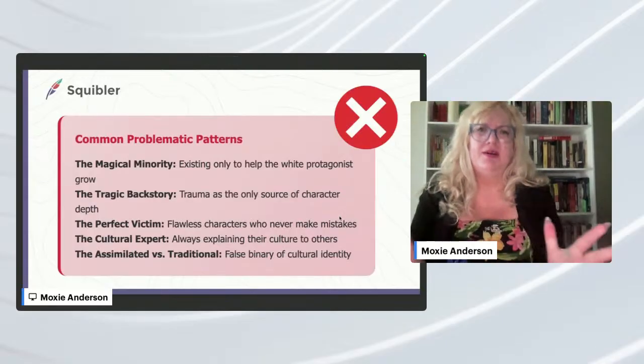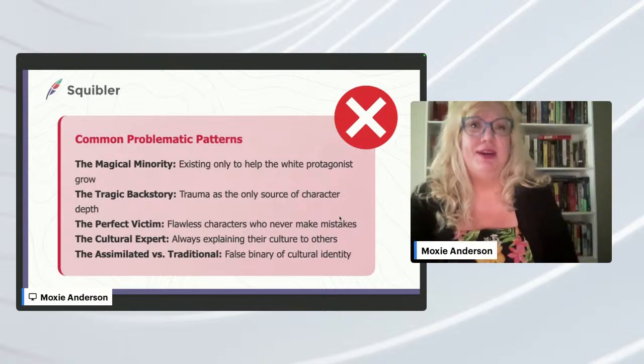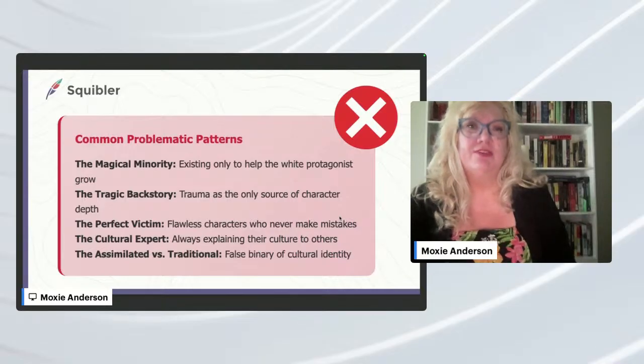So here are some common problematic patterns that you want to avoid as you're developing your characters. One is the magical minority. You shouldn't have a character that exists only to help your white protagonist grow. That's not really giving them their own story arc or fully realized characterization. You want to also try to avoid the tragic backstory.